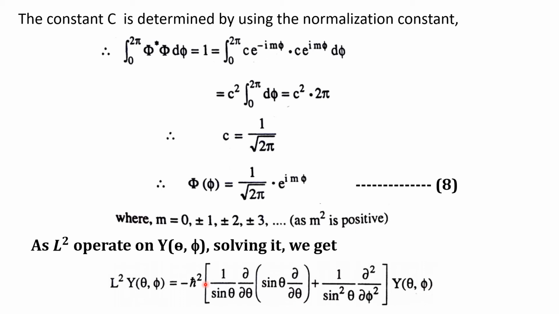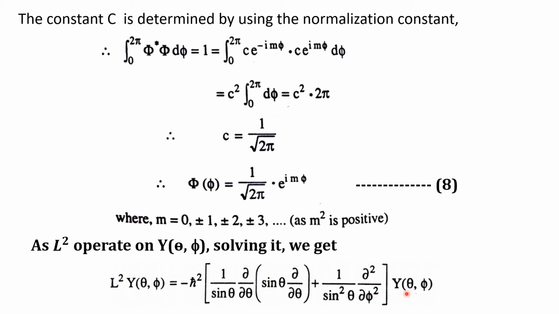h cross square into the bracketed term, since this is the value of L square. L square is minus h cross square into bracket 1 upon sine theta into d by d theta of bracket sine theta into d by d theta, plus 1 upon sine square theta into d square by d phi square. Outside the bracket we write Y as a function of theta and phi. Now we solve that equation.